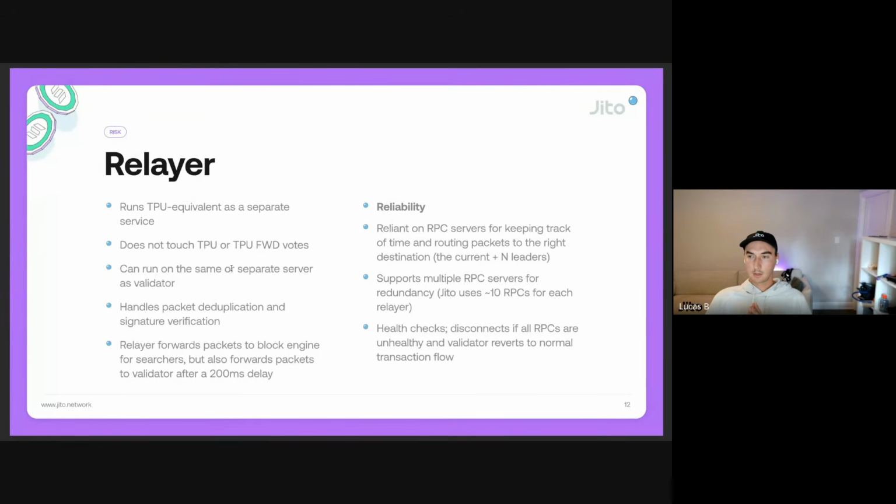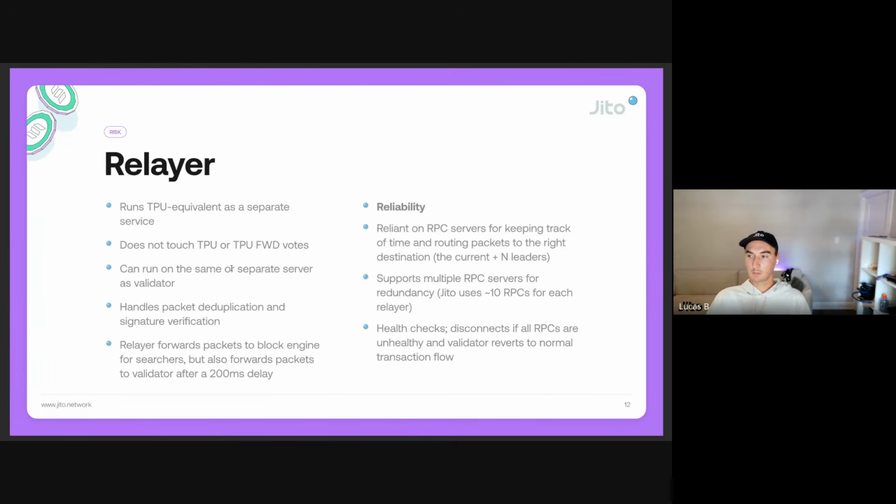The relayer is also kind of a router too. It will forward packets to the current and next N leaders. When you start the relayer up, you can pass RPC servers and WebSocket servers, and it uses those to keep track of time, where time is essentially the current slot, and it will route to the right destination.